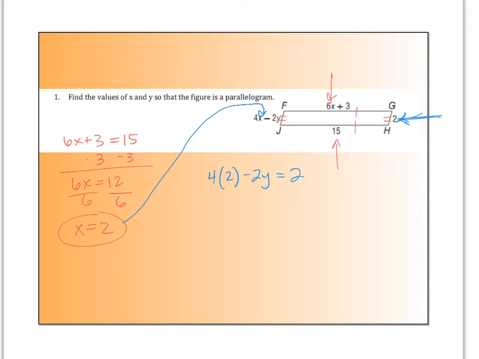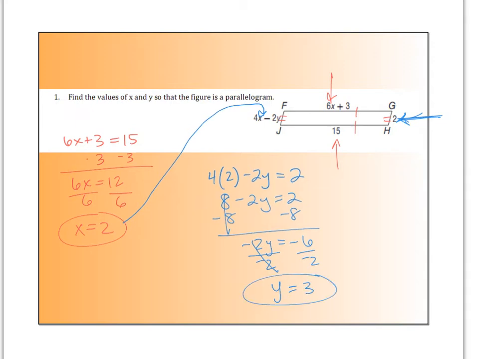There's a lot of 2's here. 4 times 2 is 8, so 8 minus 2y equals 2. Subtract 8. Negative 2y, this is strange, we get negative 6. Divide by negative 2. A negative divided by a negative will be a positive, so that will be positive 3. So x equals 2, y equals 3.